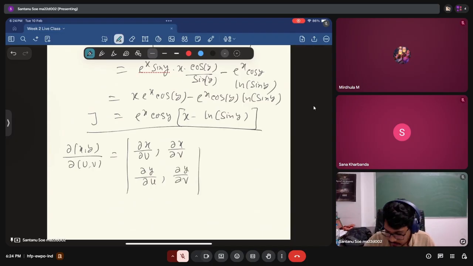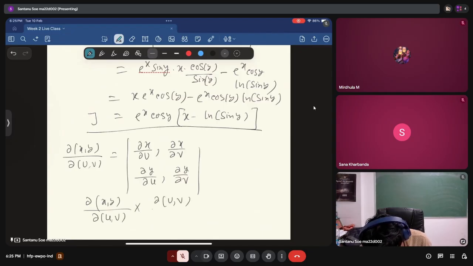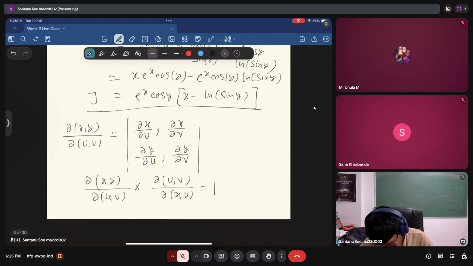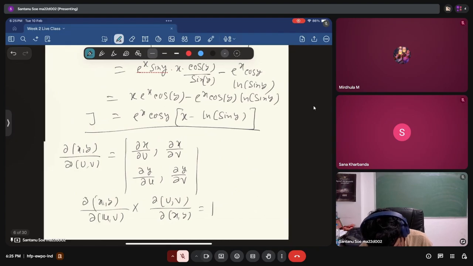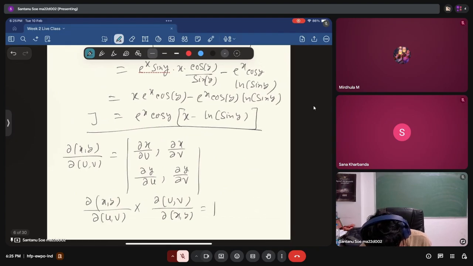So now since del(x,y) divided by del(u,v) multiplied by del(u,v) divided by del(x,y) is 1. So already we know this one, correct? We know this one. We have to find out this one.